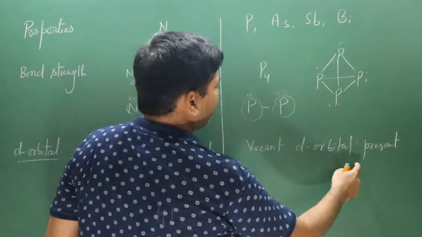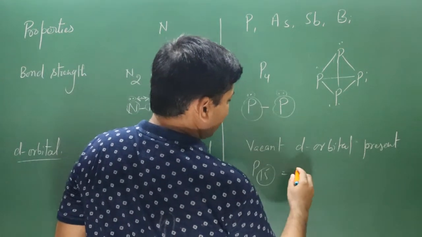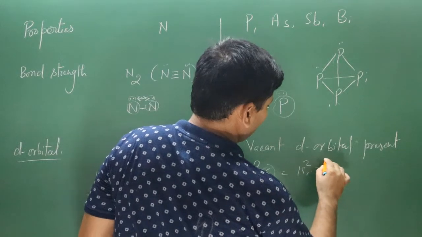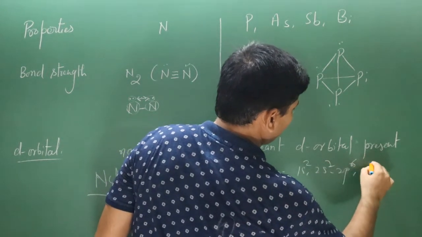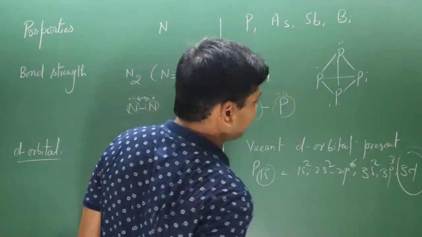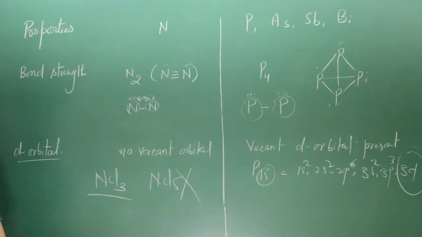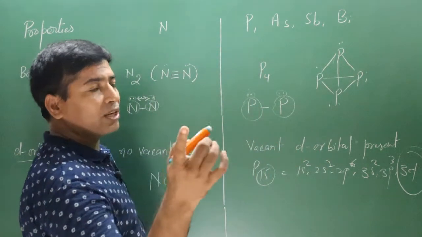Due to the presence of vacant d orbitals, if we talk about phosphorus, it has atomic number 15. Then we get 1s2, 2s2, 2p6, 3s2 and 3p3, but 3d is present, a completely vacant orbital is there. So in this case they can do extended overlapping.